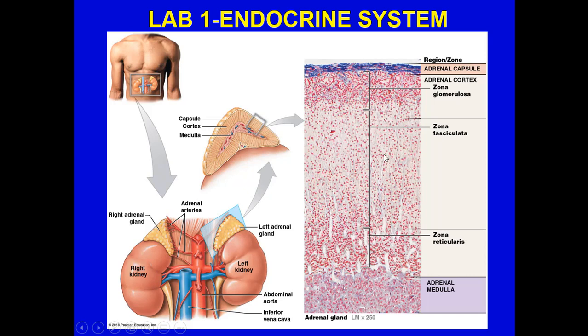The zona fasciculata, which is almost like columns. And then you have the zona reticularis, which is almost a netting meshing. Underneath that, look how the cells are different here from these. These are the chromaffin cells for the adrenal medulla. These are the cells making norepinephrine and epinephrine.